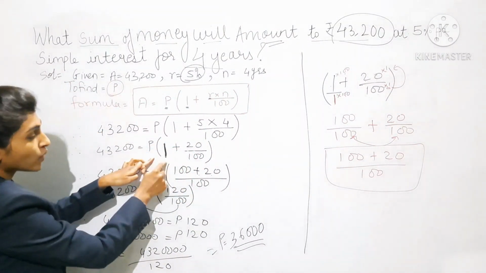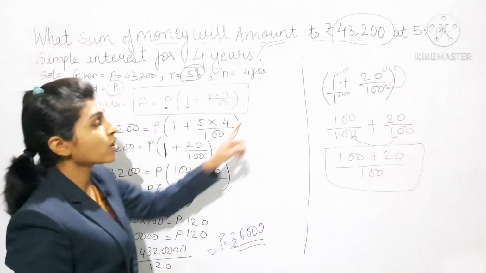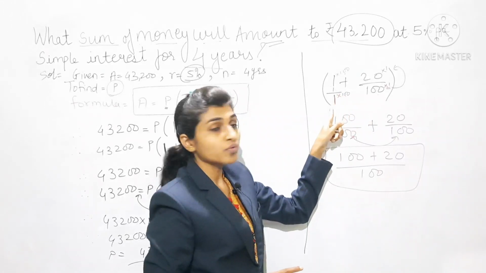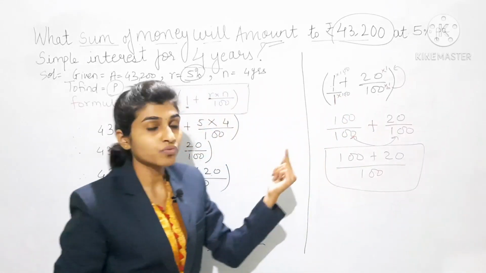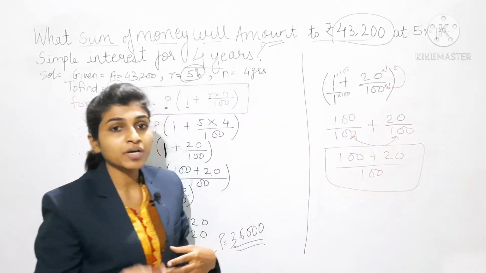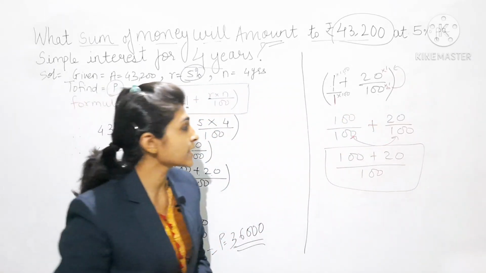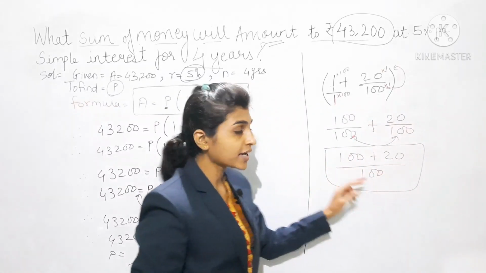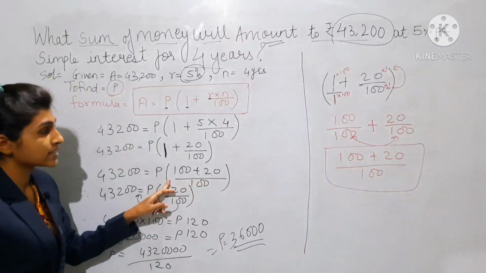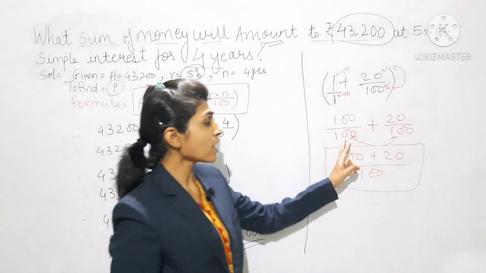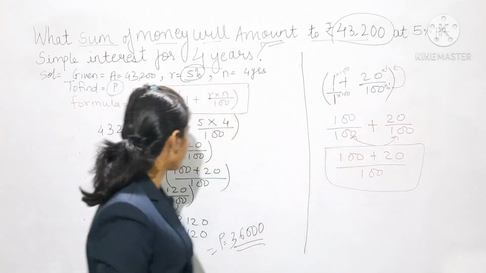Now this 1 is alone, so consider it as 1 upon 1. Then make the denominator the same by using a number, so 100 plus 20 divided by 100. This is the rough work to make you understand how I made the denominator the same.